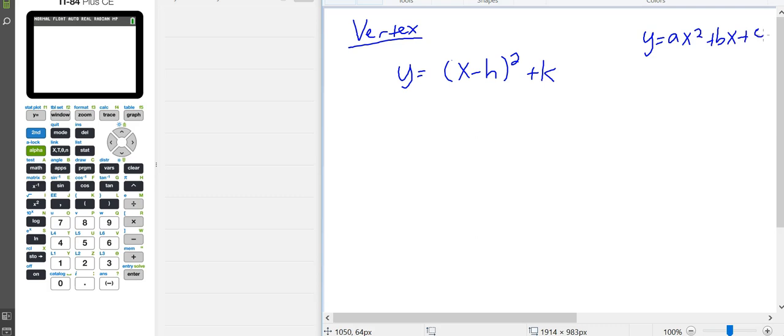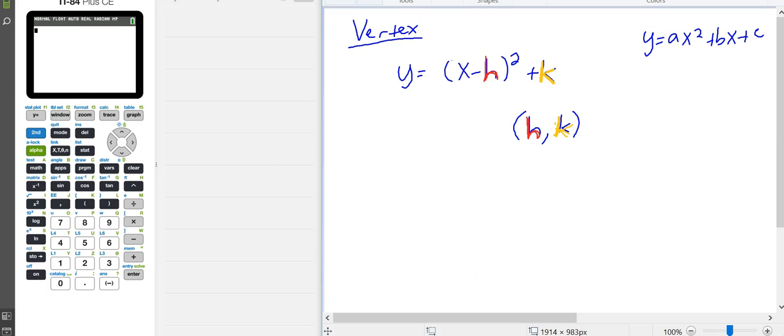Vertex form is just another way of writing a parabola. But in vertex form, you can tell very easily what the vertex is. Because in vertex form, the vertex of the parabola is always going to be h comma k. For example, the vertex would be h comma k.